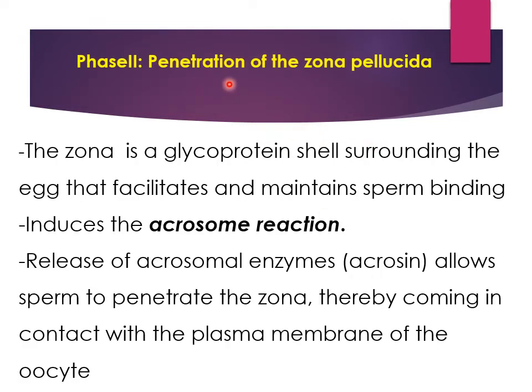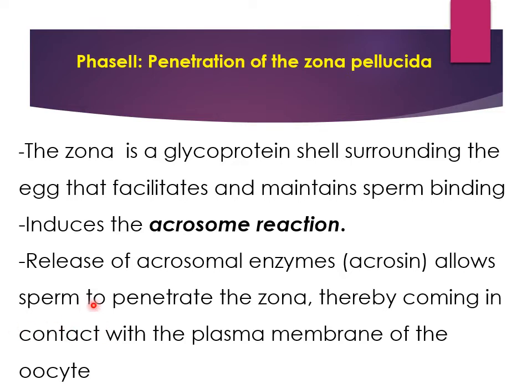Phase 2 includes the penetration of the zona pellucida, a glycoprotein shell surrounding the egg that facilitates and maintains sperm binding to the oocyte. This induces the acrosome reaction by releasing acrosomal enzymes such as acrosin.